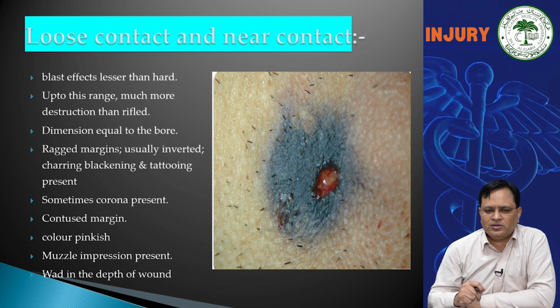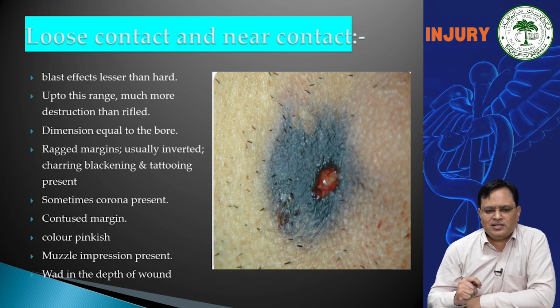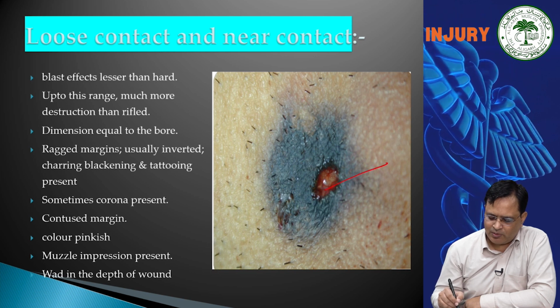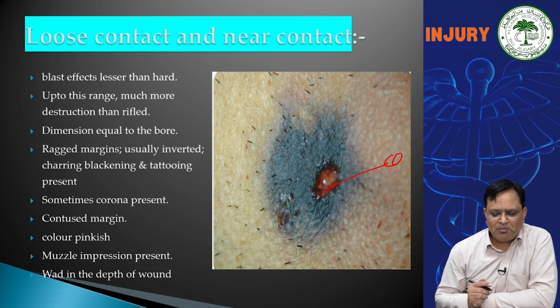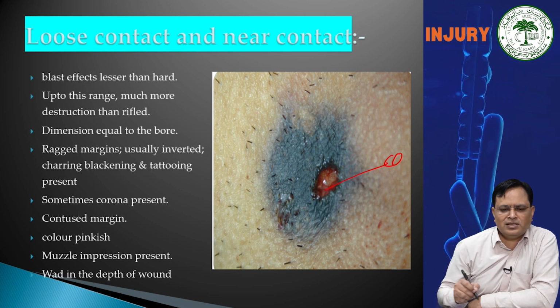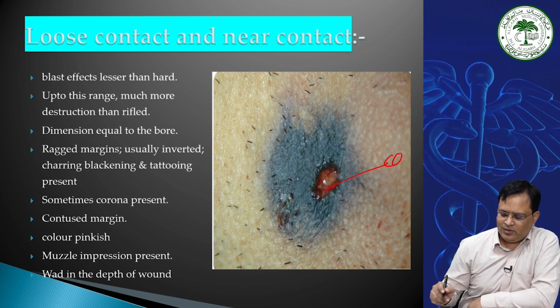Dimension equal to bore. Ragged margins. Crushed margins. Color is sometimes pink because of the carbon monoxide. And muzzle impression is there. Sometimes the muzzle impression is not there, but it can be present. Wad can also be present in it.